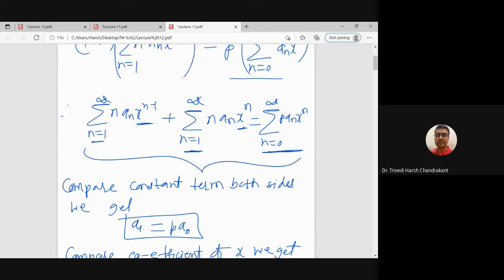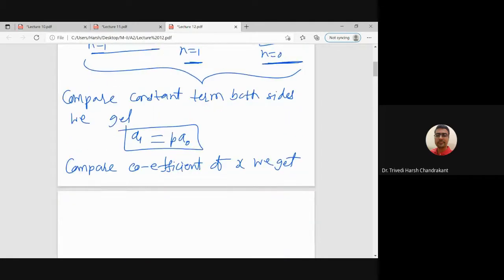So for the coefficient of x in this series we need to substitute n equals 2, right? So we get 2a2.